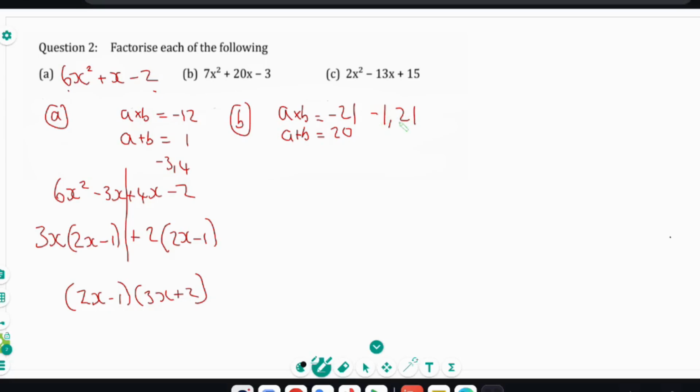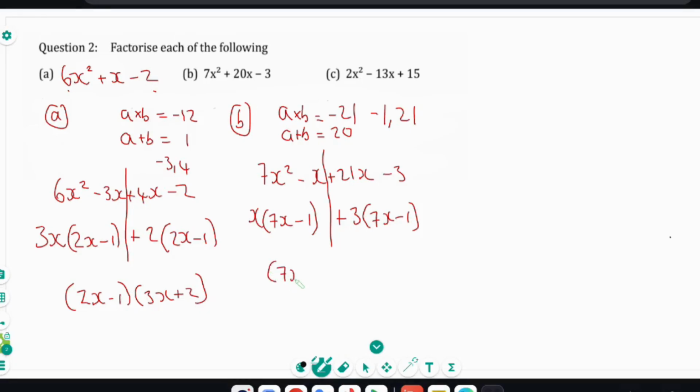Add them, you get 20. So minus 1x plus 21x. They both got an x in common. These both have a 3. So we have 7x minus 1 and x plus 3.